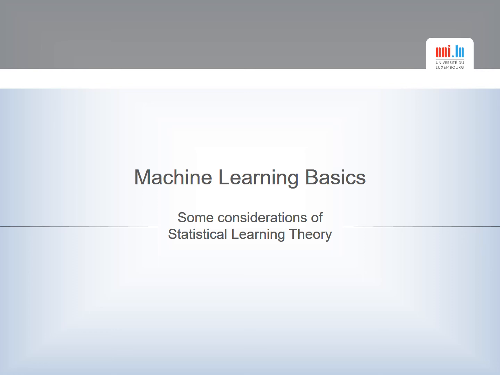Now we will see some considerations of statistical learning theory. We will only see two or three ideas inside statistical learning theory, which is the theoretical study of machine learning.